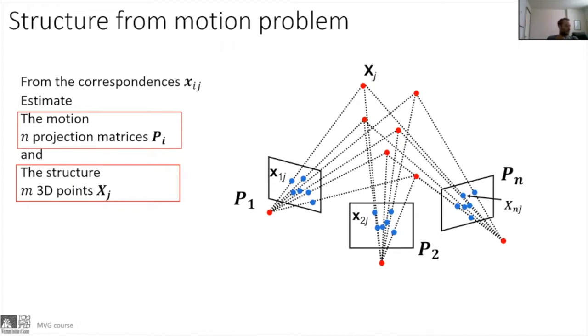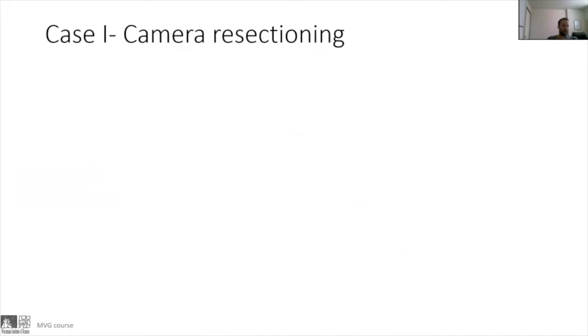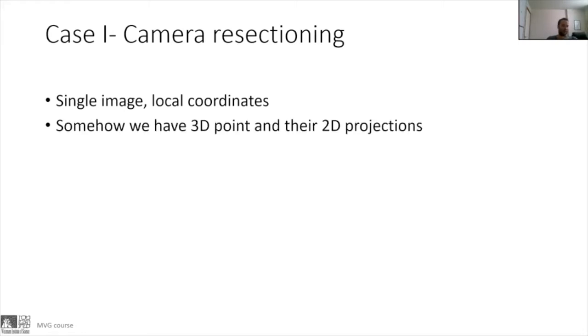So until now in the course, you have seen several cases and you learned how to reconstruct these cases. The first case you've seen is the camera resectioning. We'll do a bit of recap about it. In camera resectioning, you're given a single image in local coordinates and you have 3D to 2D correspondences.